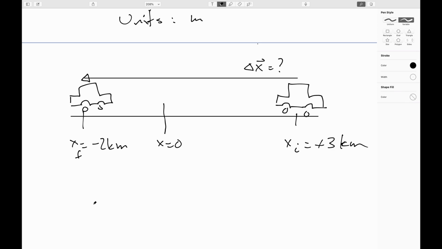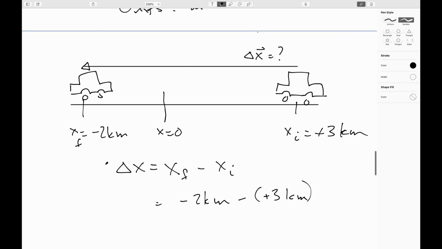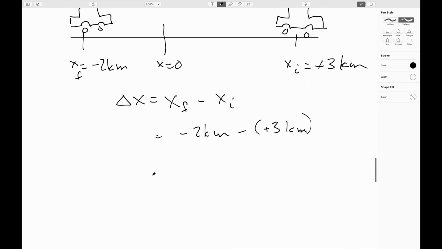But to find our displacement, change is always final minus initial. So this will be -2 kilometers. We have to keep the mathematical sign here, minus a +3 kilometers. So -2 minus 3 is -5 kilometers.